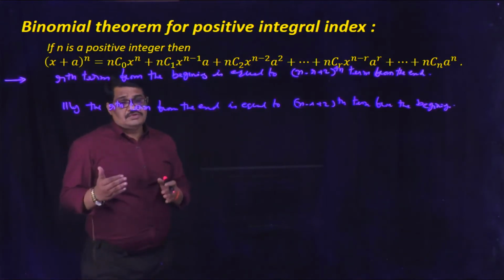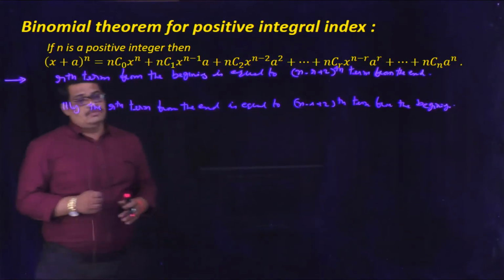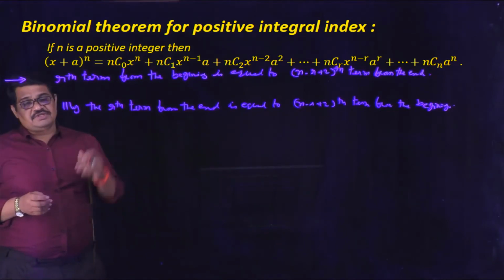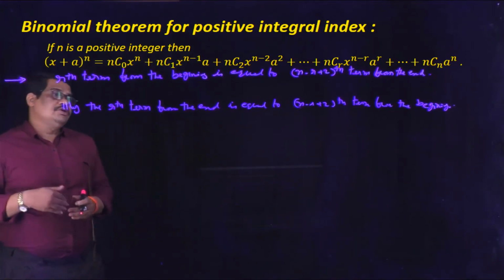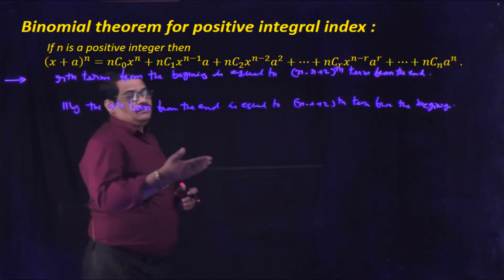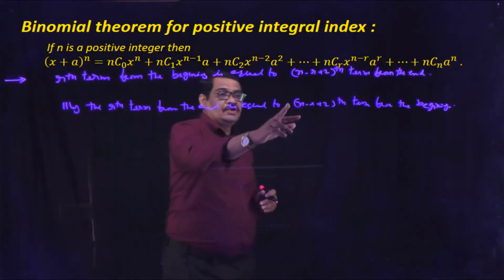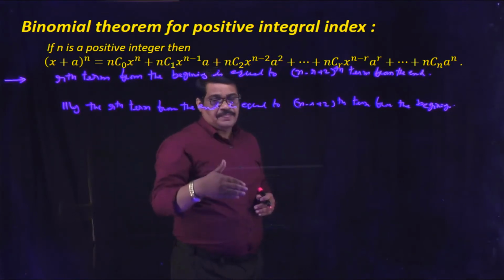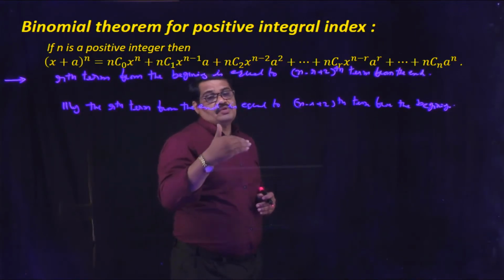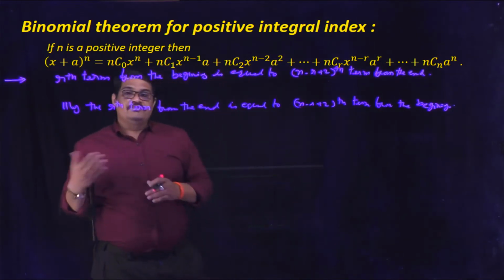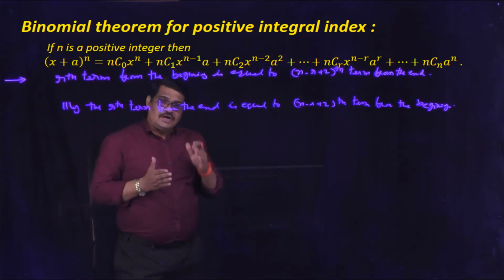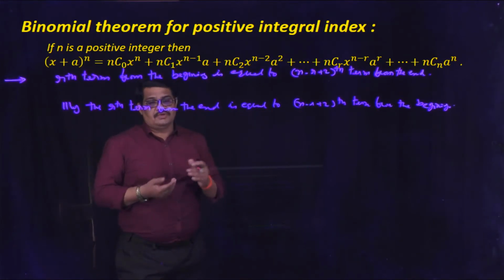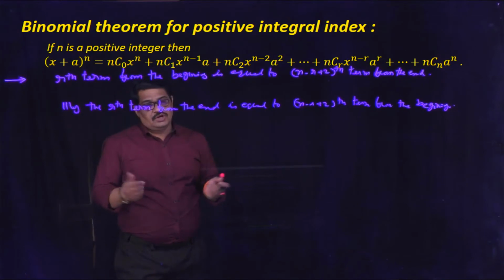Sometimes in objective problems we have to find the 7th term from the end of the expression given. Now using that, we find the t n minus r plus 2 term, that is the rth term from the beginning. So the rth term from the beginning is equal to the n minus r plus 2th term from the end. These are both equal.